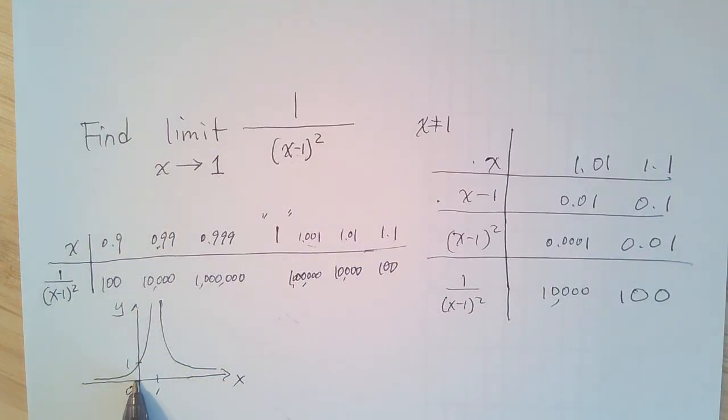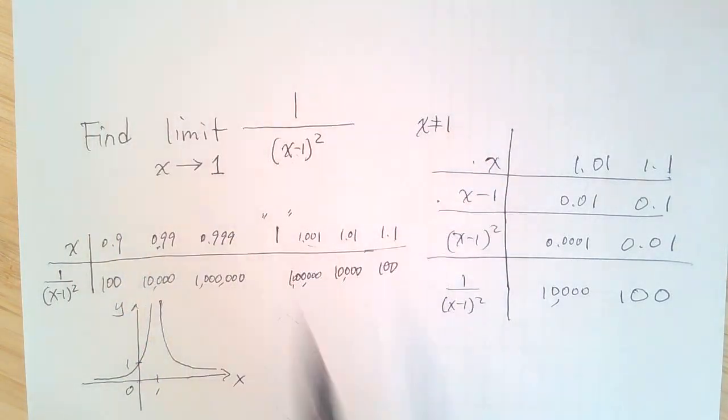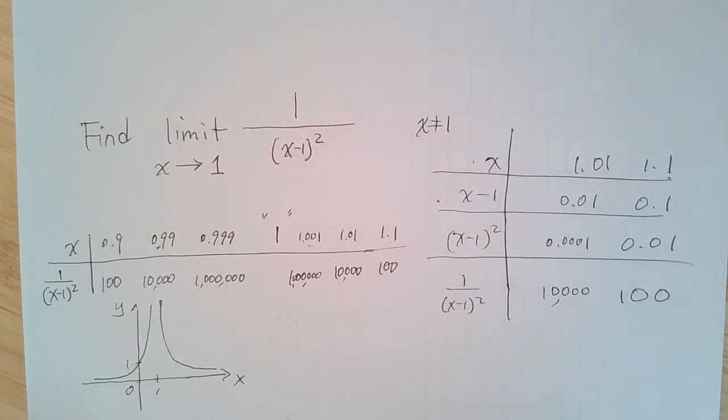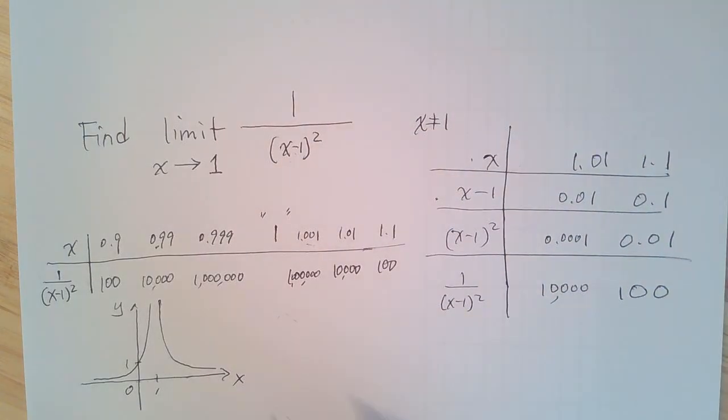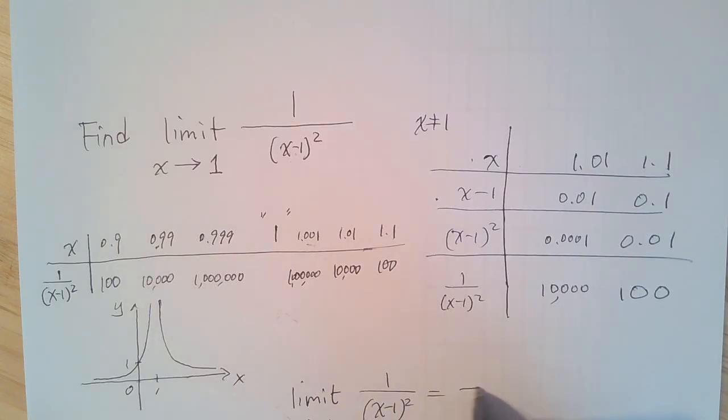Did you see that when x approached 1 from the left side and the right side, your function value approached not a fixed number, it goes to infinity. So in this case, this limit does not exist. Okay. Or another way, you can write it like this, if you want. As x approaches 1 from the right, 1 over (x minus 1) squared is positive infinity.